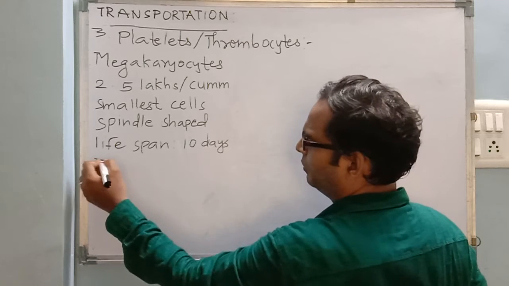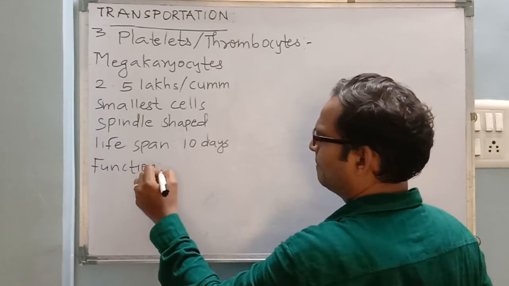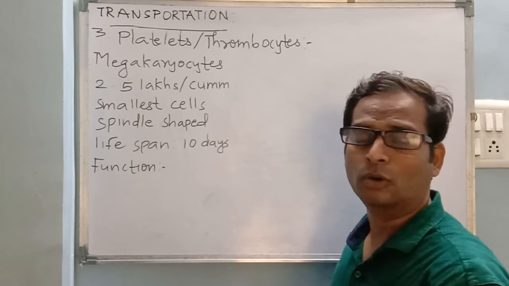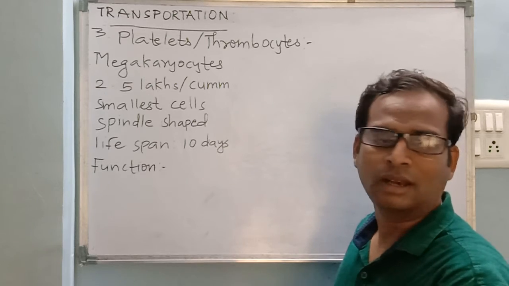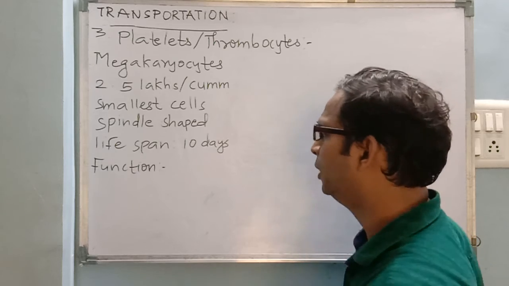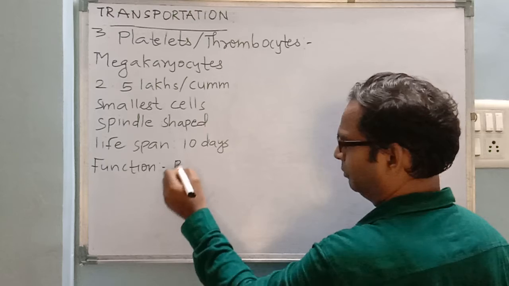And finally, their function. The function of these platelets, as I already told you, is that they help in clotting of the blood. In medical language it is called coagulation of the blood. So they help in coagulation or clotting of the blood.